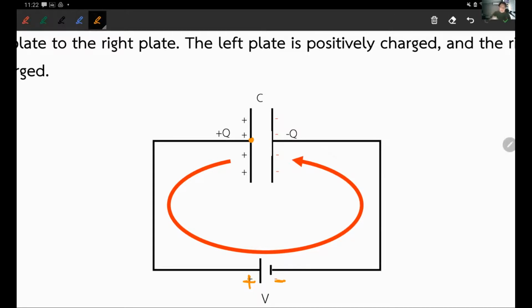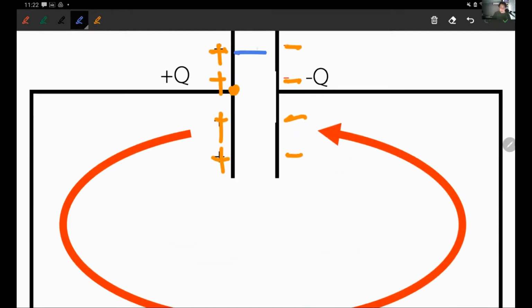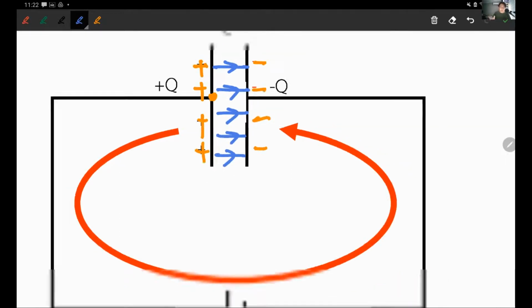In reality, the left plate will turn positive. And because the right plate connects to the negative end of the battery, the right plate will turn negative, which is perfect. It reflects the actual system that you're going to create potential difference, generate electric field between the plates, on and on.